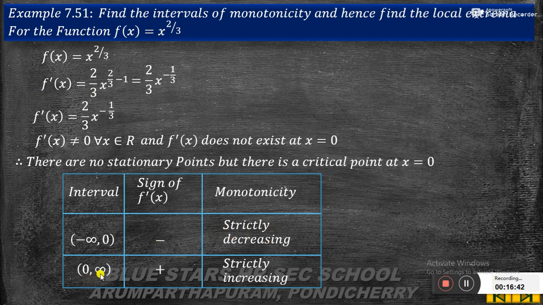Next, for the other interval, we take a value such as x equal to 1, which gives positive values, so the sign is positive. In the first interval all the values are negative, so substituting any negative value in this function gives a negative answer.